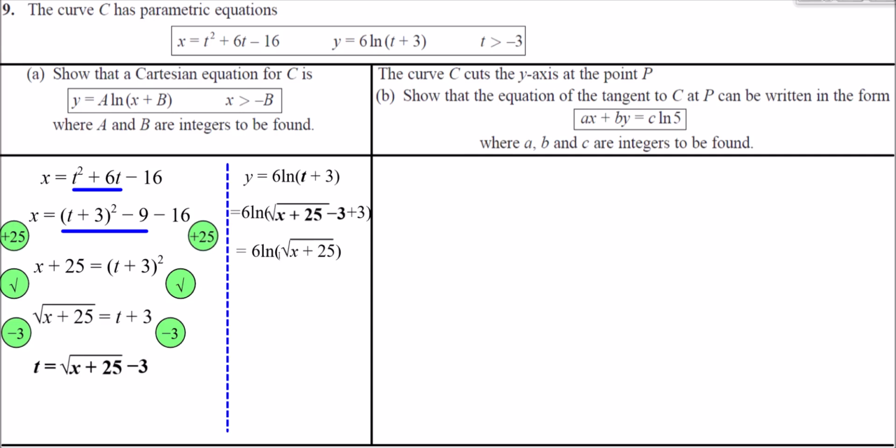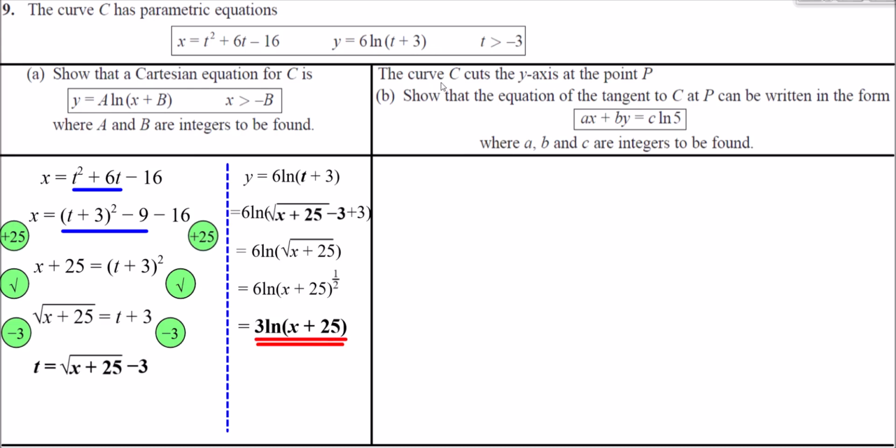So if I rewrite this as 6 ln of x plus 25 to the 1/2, and then recall that using the laws of logs, the power can come to the front and multiply the coefficient, this will become 6 times 1/2, in other words, 3 lots of this natural log. So that's our final step, and it's now in the correct form. Not that we need to say it, but a is 3 and b is 25.